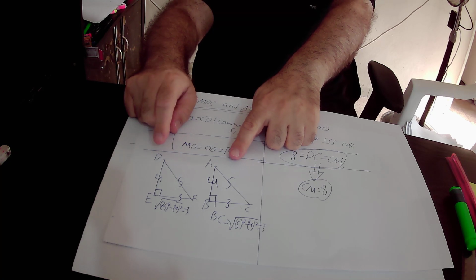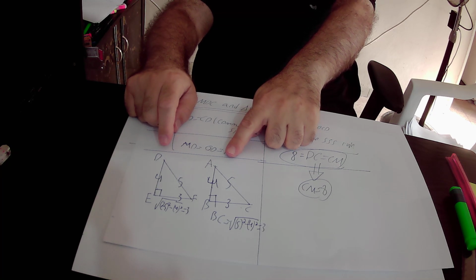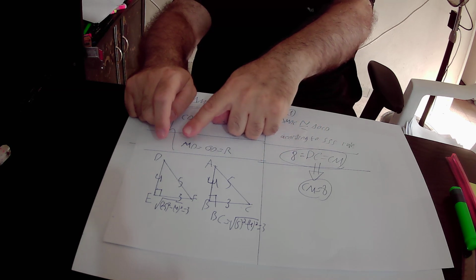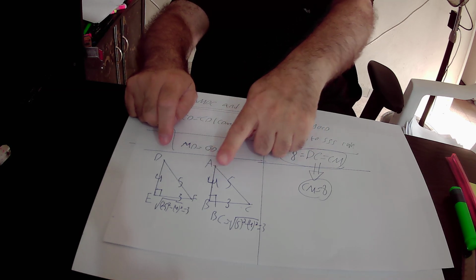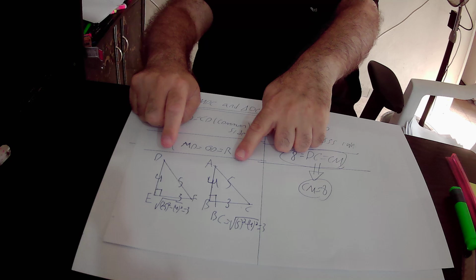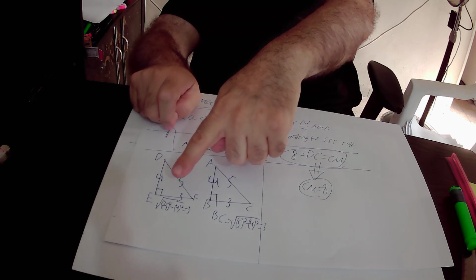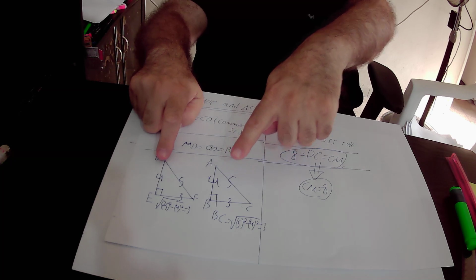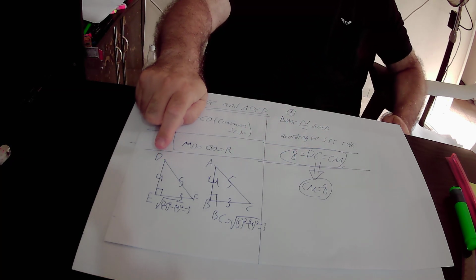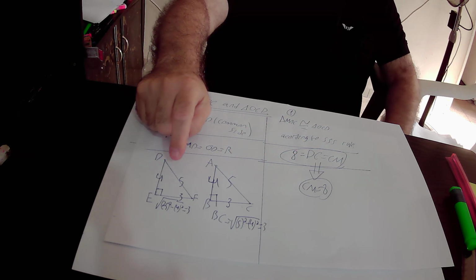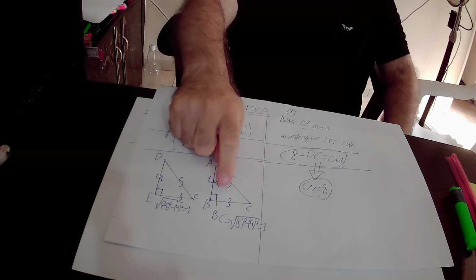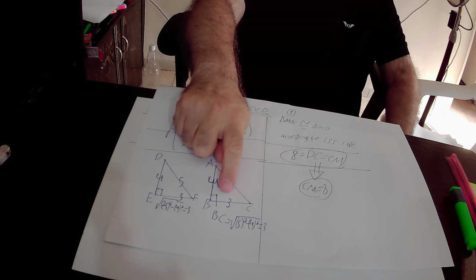In both right triangles, the hypotenuse AC equals the hypotenuse DF, they are both equal to 5 units, and the perpendicular AB equals the perpendicular DE, they are both equal to 4 units. Therefore, the third side BC must also go in.